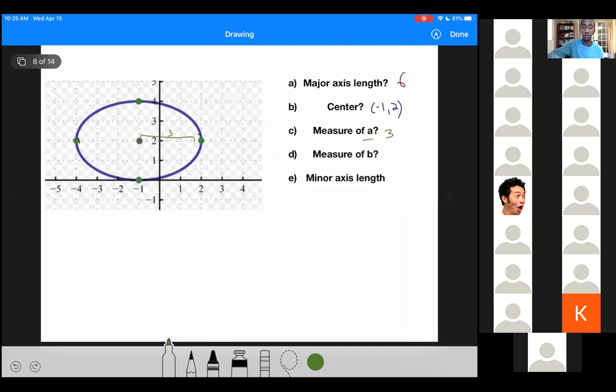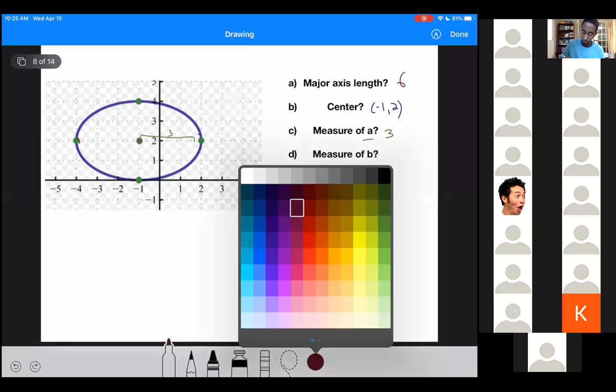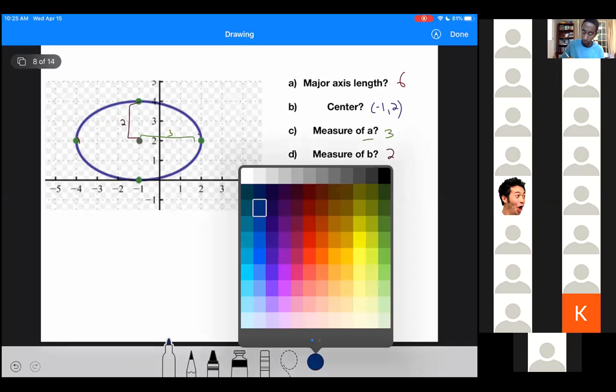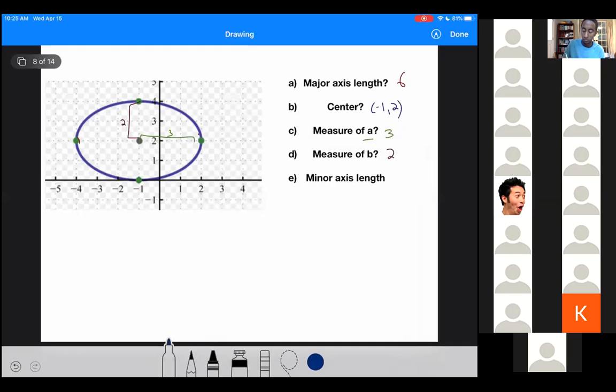Measure of B, Brianna? 2. Okay, good. That's right here, half of the minor axis. Claudia, the minor axis length. Is it 4? Yeah, 4.